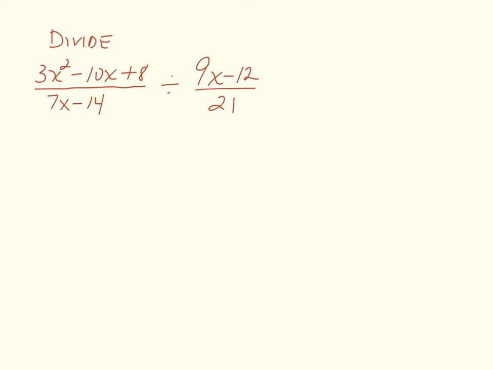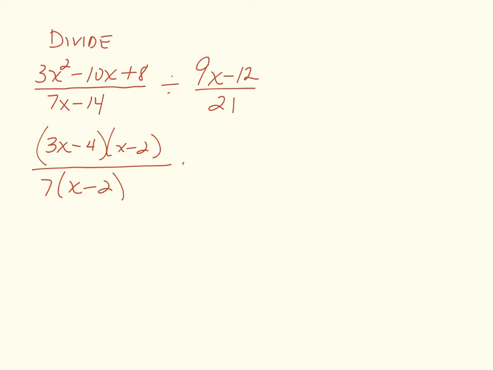Okay, this factors, when you go off to the side, you will find that it factors to 3x minus 4 times x minus 2 all over, let's see, we can factor out a 7 and we get x minus 2.